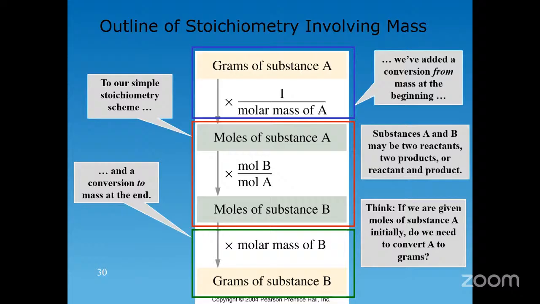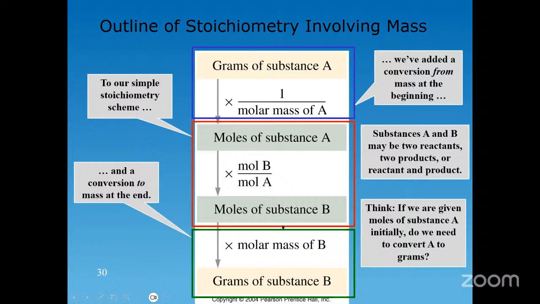Now, here's a very interesting question being asked right here. It says, think: if we are given moles of substance A initially, do we need to convert A to grams, right? In other words, if you have moles of substance A, do you need to convert moles of substance A to grams? And the answer is no, right? Because if you want to get grams of substance B, you don't need to go back up here and then go all the way down here to get what the question is asking for.